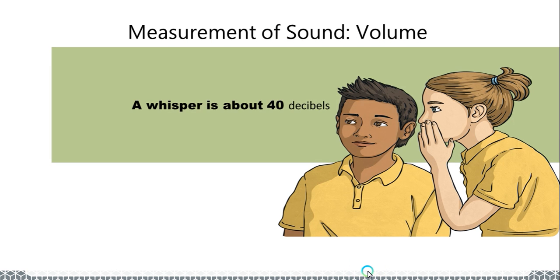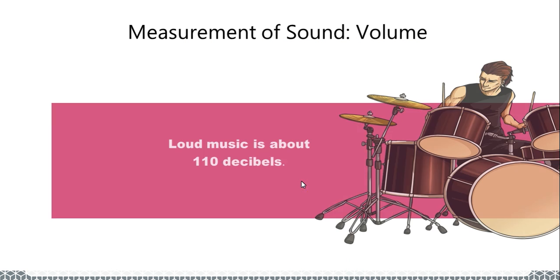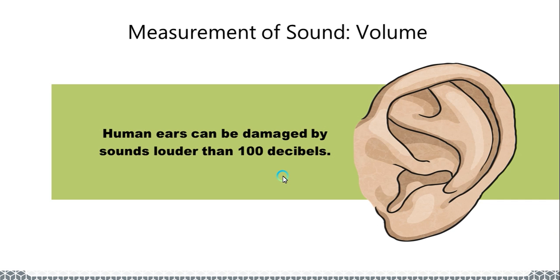For the measurement of sound volume, you can see a whisper is 40. Loud music, with a guitar, a drum, and a microphone, is 110. The human ear can be damaged by sound louder than 100 decibels. So when you are listening to sound, make sure that the volume is reduced to the lowest minimum.